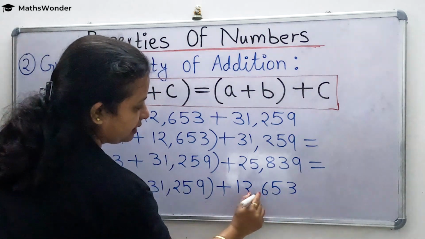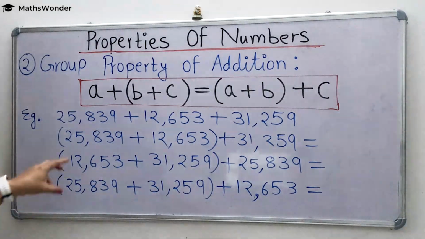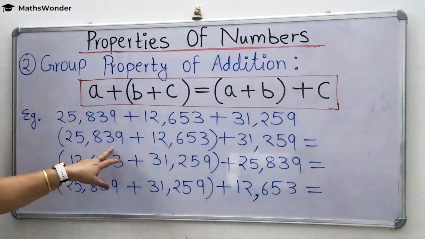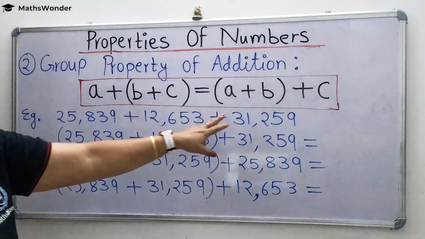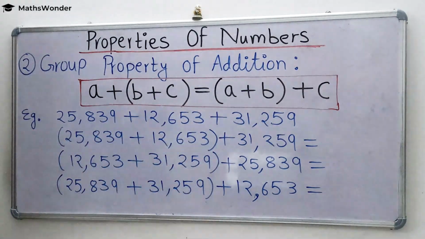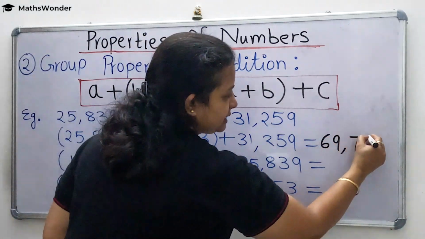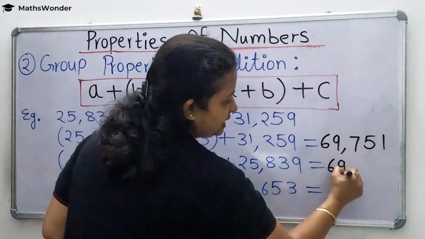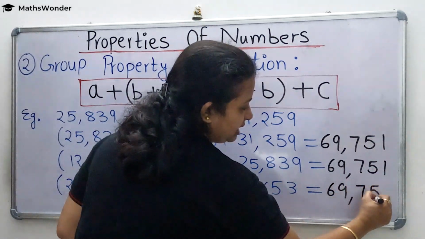Now you can see on the board, I have grouped in three ways. First I have taken these two numbers in one parenthesis, then these two numbers in this, then these two numbers in this. Now you will see the answer. When you add the three numbers, it remains the same: 69,751.